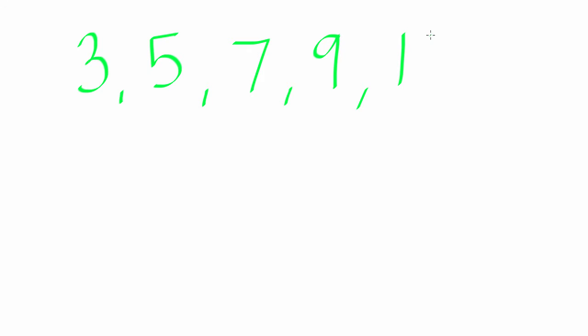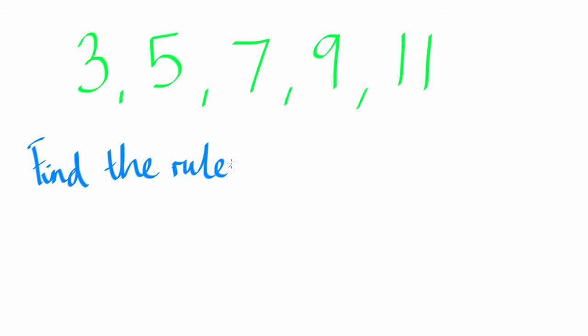Now, we're going to start with a pattern like this. 3, 5, 7, 9, 11. All right, here's what you're going to write on your cheat sheet first, which is find the rule.